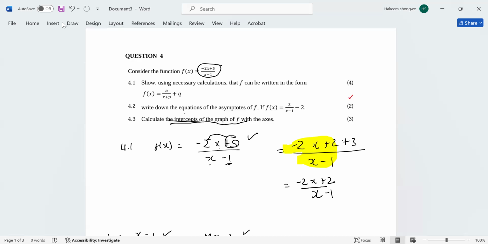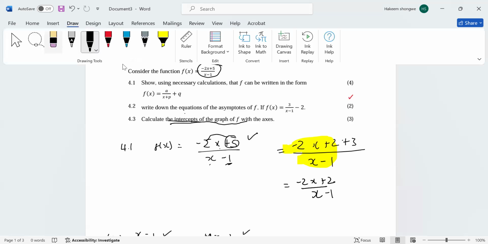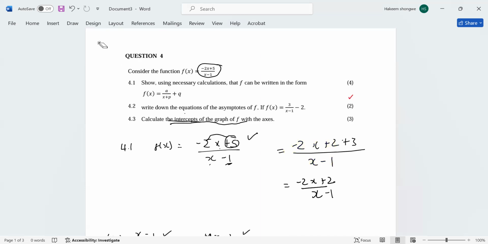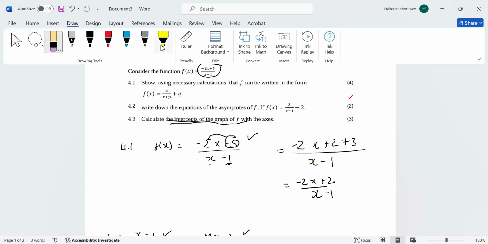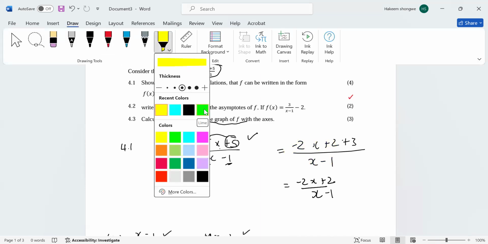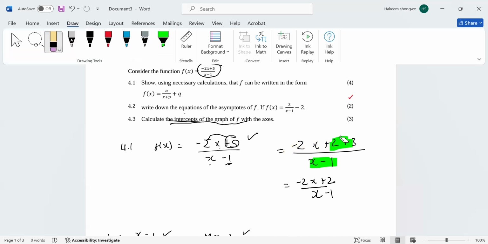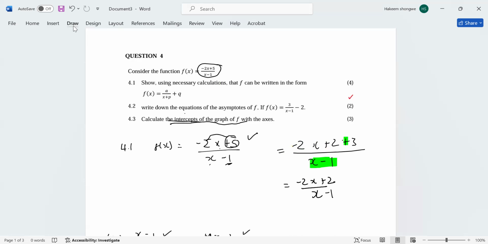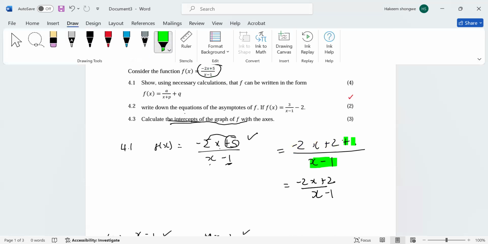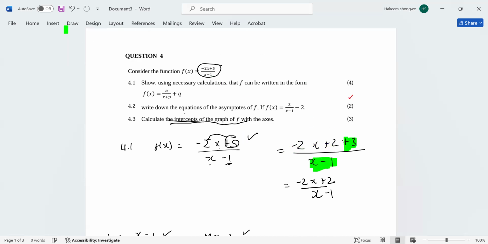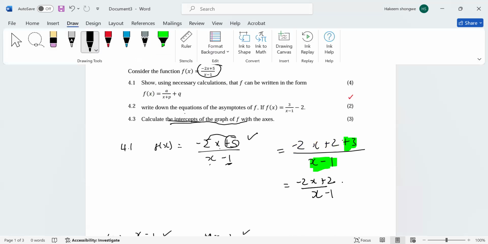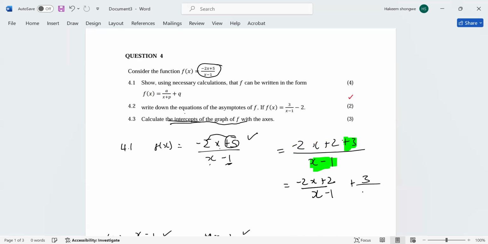And then the other part, I'm also going to write it this way: plus 3 all over x minus 1.